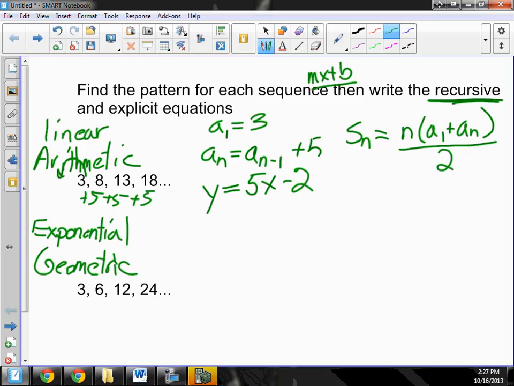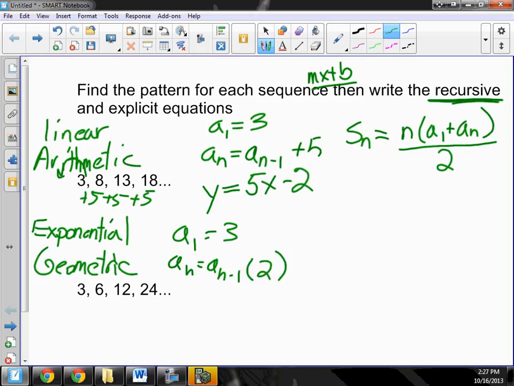Okay, so to find a recursive model, we do the same thing we did on the top. A sub 1 equals 3. And then a sub n equals a sub n minus 1. What's the pattern? Last term times 2, previous term times 2. So we're just going to take the previous value and multiply it by 2.